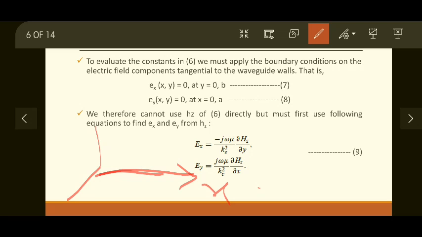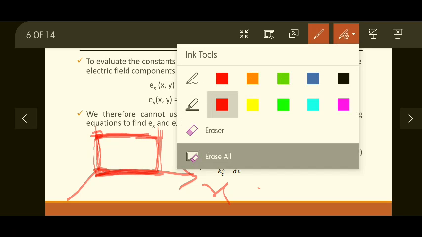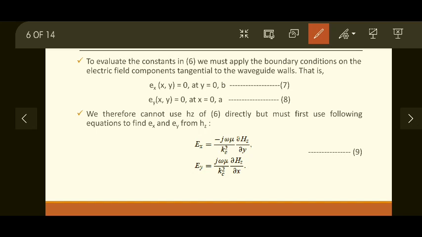Ex will be 0 whenever y is either equal to 0 or equal to b, that is the top and bottom wall. Similarly Ey will be 0 at x is equal to 0, that is the left hand side wall, and x is equal to a, that is the right hand side wall. So that is our boundary condition. These are our boundaries. Okay, so these are the applications of the boundary conditions.